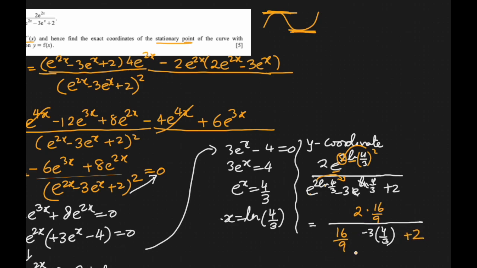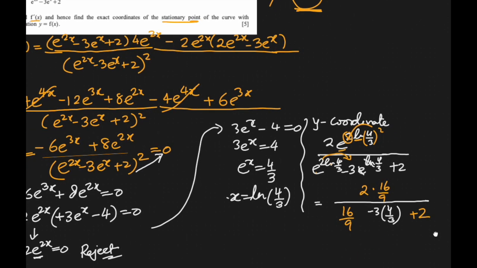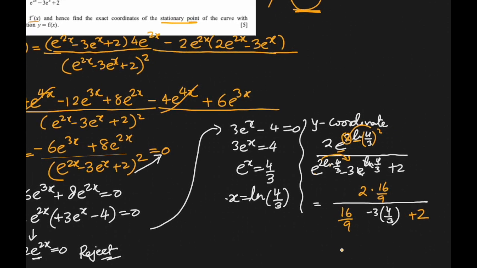All right. So what do we get here? 32 over 9 divided by, what will that be? 3 and 3 cancel. So 16, and this is minus 4, then that means minus 4 and plus 2 is minus 2. I'm doing it mentally, please do it yourself.